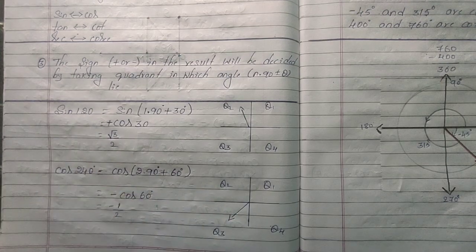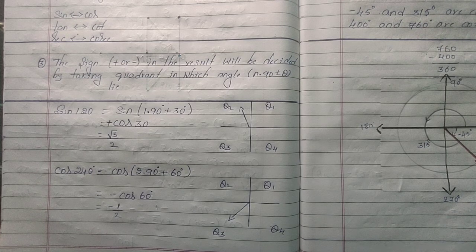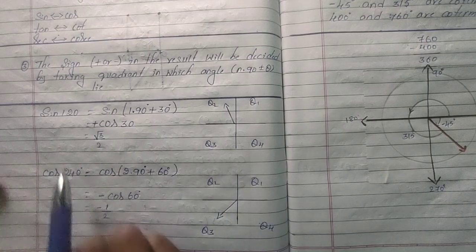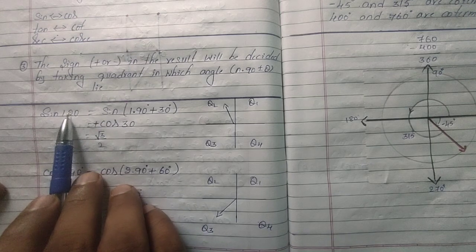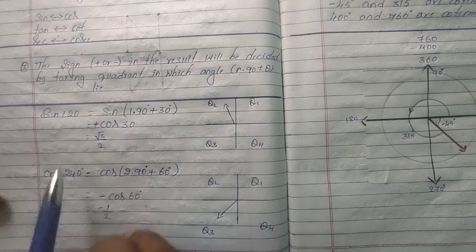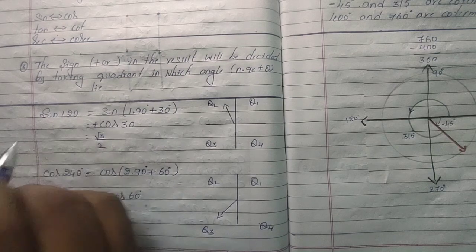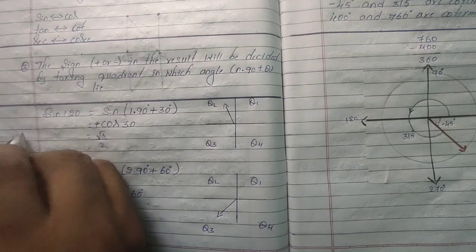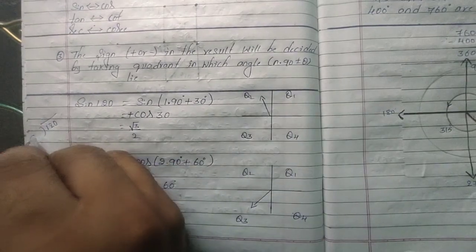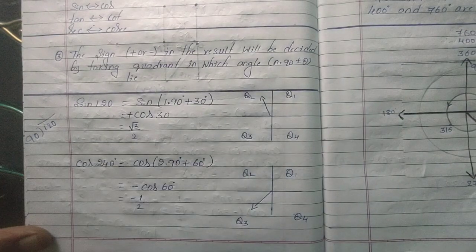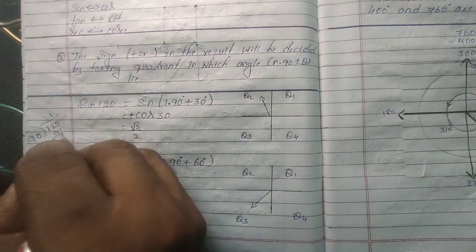Sin 120 degree. We know sin 0 degree, sin 30 degree, sin 45, sin 60, sin 90. 120 degree we don't know. How to find the answer for this? See students, first try to keep this in terms of n into 90 degree plus or minus theta. Means take 120 divided by 90. 90 ones are 90, 90 twos are 180, so 1 is the quotient.